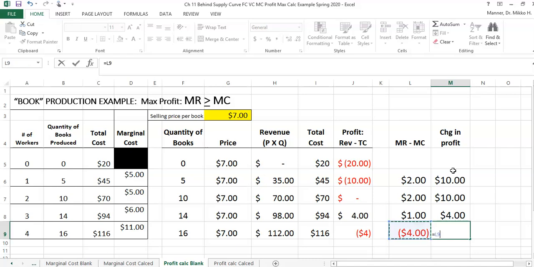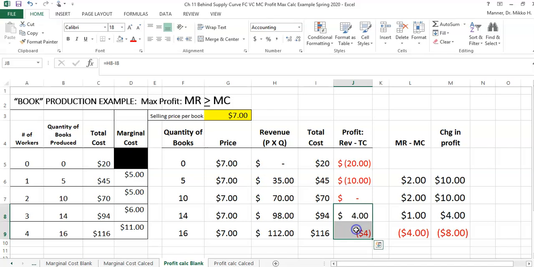And again, because that's 2 books, the change in production, the 16 minus the 14, our profit goes down by $8, from positive 4 to negative 4. Okay.